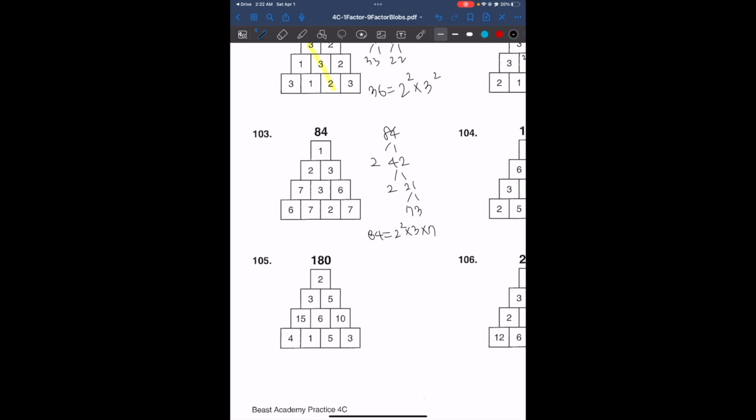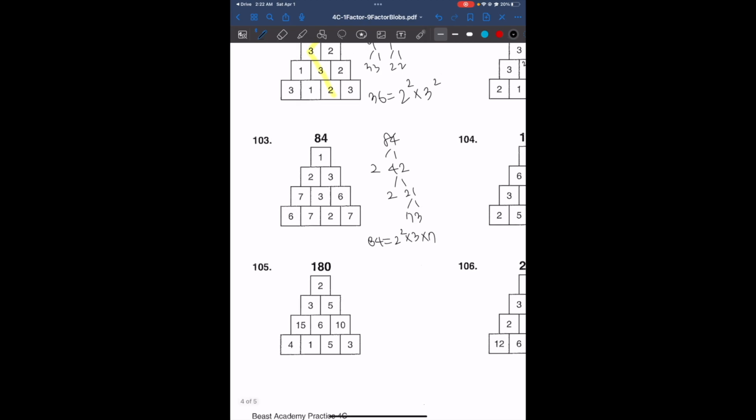So our path must go through 2 twice, 3 once, and 7 once. And we know that 6 is 2 times 3. And so if we go through this path, we use 2 twice because of the 2 and the 6. So we use 2 twice, 7 once, and 3 once.